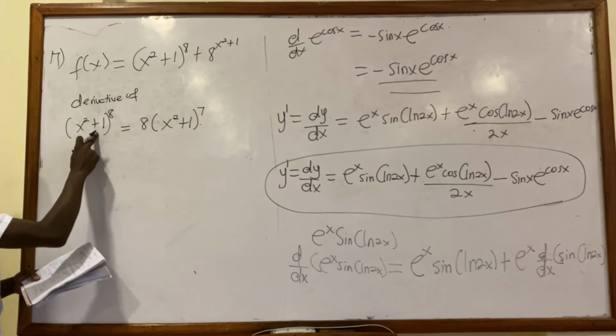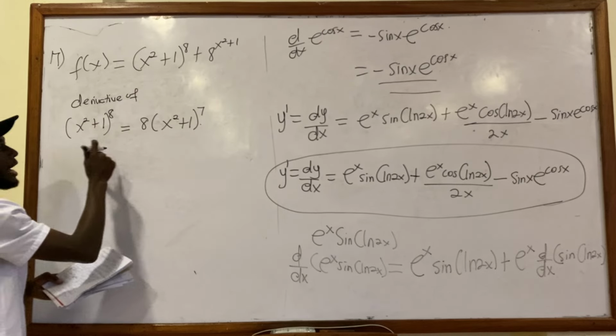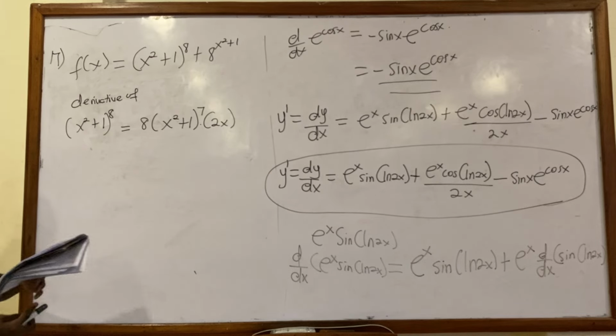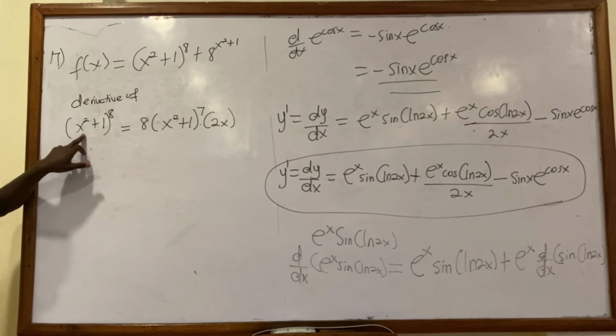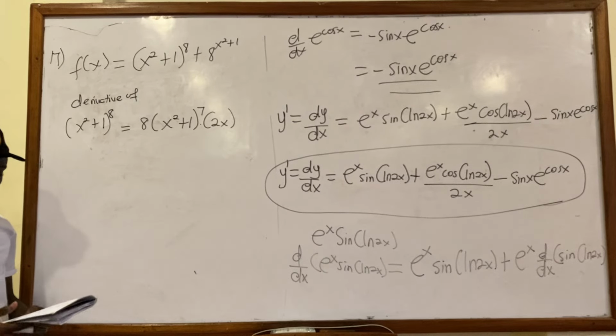Then we differentiate the function inside. When you differentiate x squared plus 1, we have 2x, since the derivative of x squared is 2x and the derivative of a constant is 0.